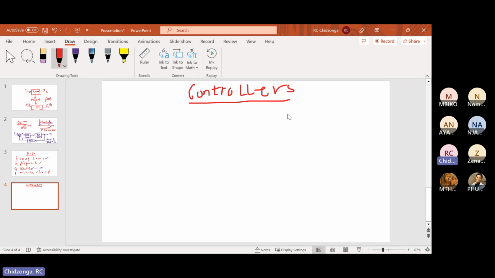But all have one aim, which is to make the process follow the input. The input, sometimes called the reference, set point, command, whatever names, the controller is there to make sure that the output follows the input as closely as possible.